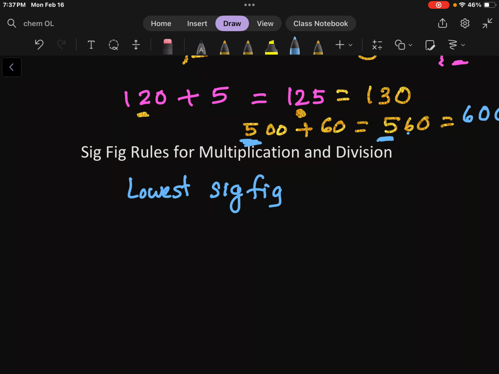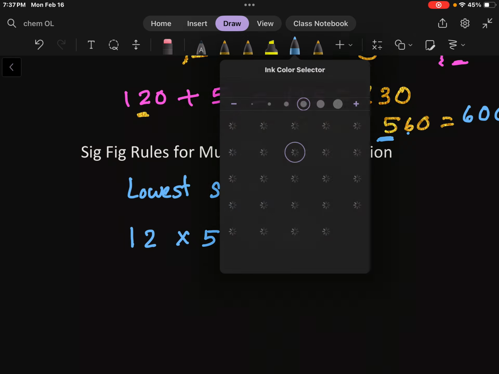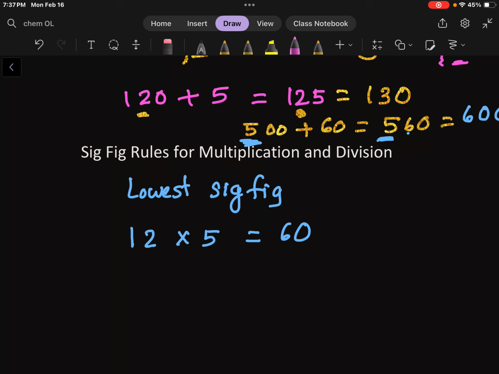If you are multiplying 12 times 5, the answer is 60. 12 has how many sigfigs? 12 has 2 sigfigs and 5 has 1 sigfig. That means your answer needs only 1 sigfig. This one has only 1 sigfig, so your answer is correct.